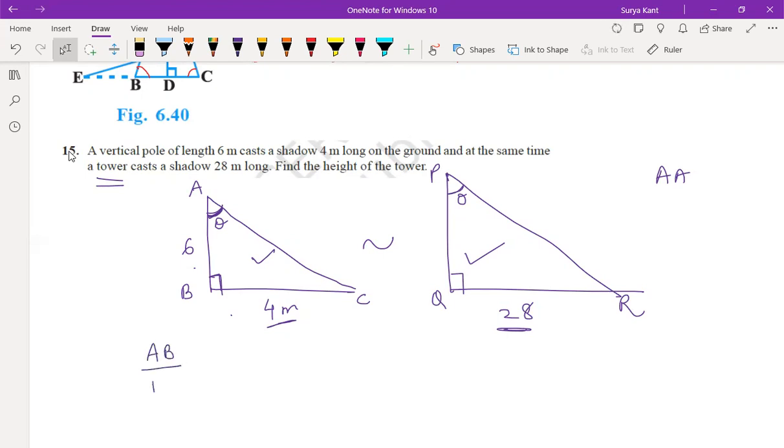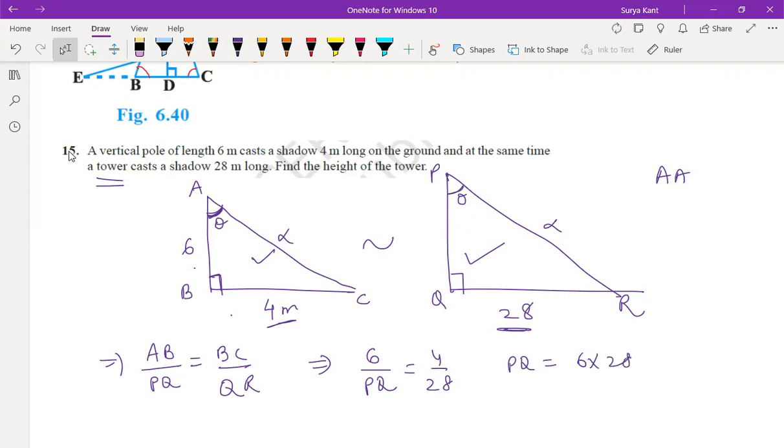So AB by PQ is equal to BC by QR, we can write. We are not bothering about AC because nothing is known about AC and PR. Now put the value of AB and PQ. AB is 6. PQ, we don't know, that we should find, is equal to BC by this one. So PQ is equal to 6 into 28 divided by 4. The answer is 42, PQ equals 42 meters.